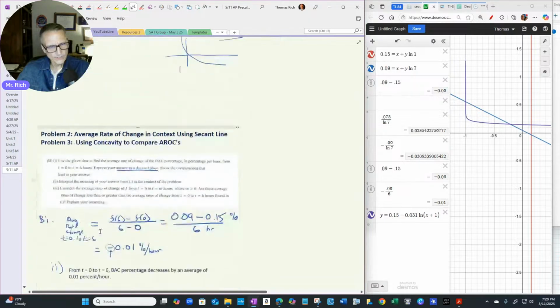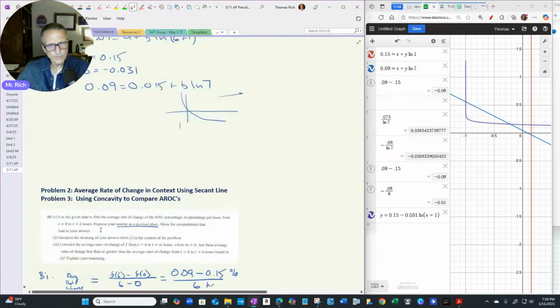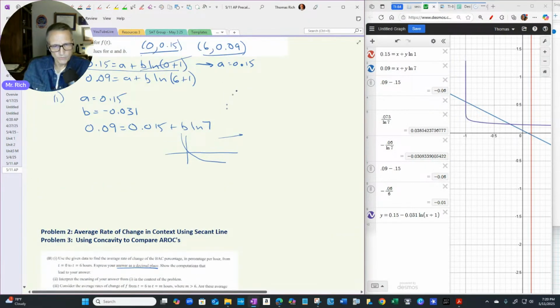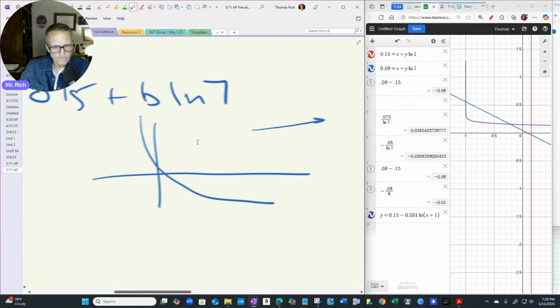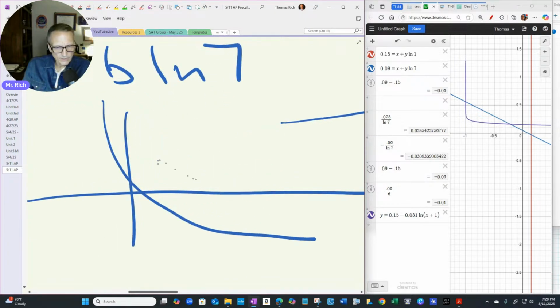So what our answer is going to be here is, what are the average rates of change? What happens here, class, is that if you take a look from, say, 0 to 6, the average rate of change is going to look like this. But down here, the average rates of change are going to be less negative.